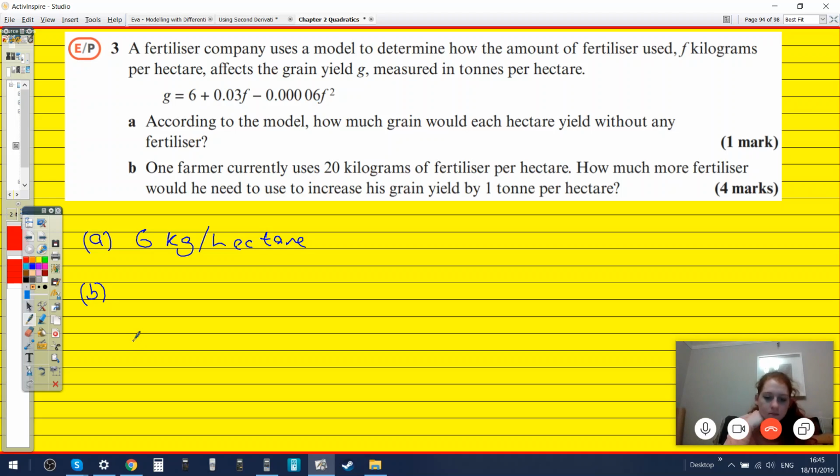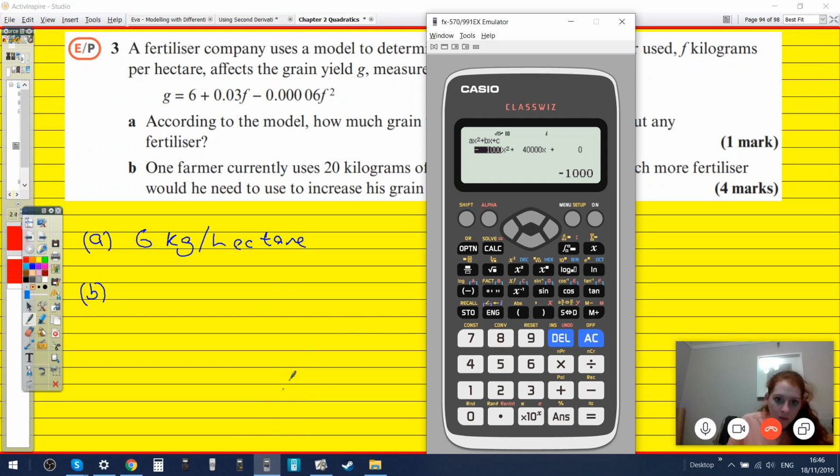B. Are we supposed to input the 20 into the equation to see what his yield is? Yeah. For G or F? The 24 F. That's it.